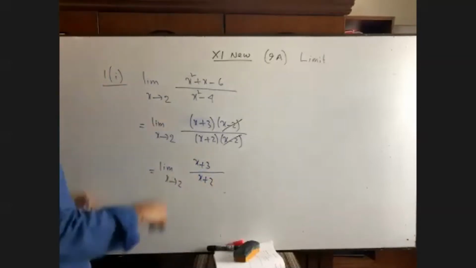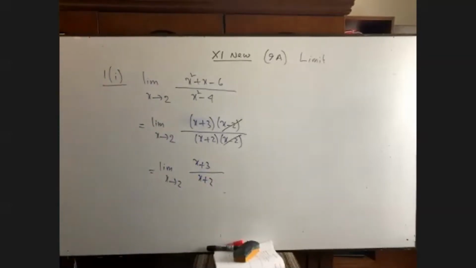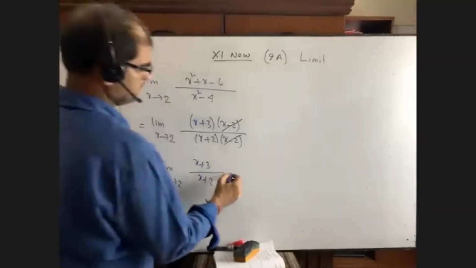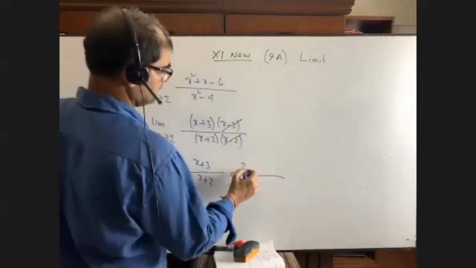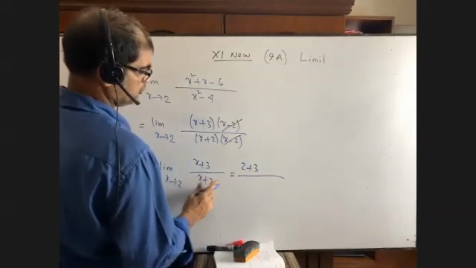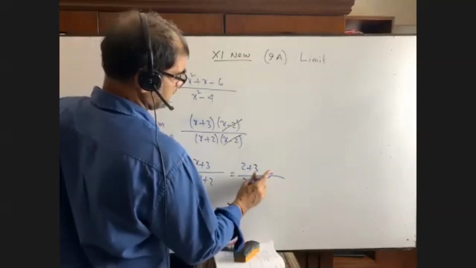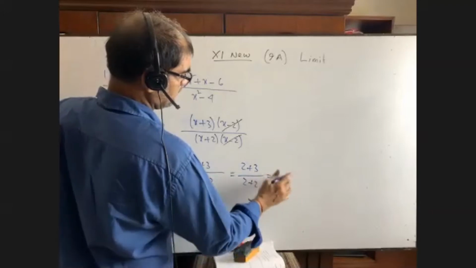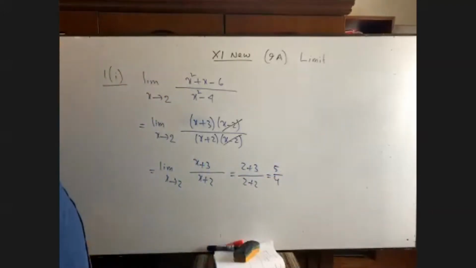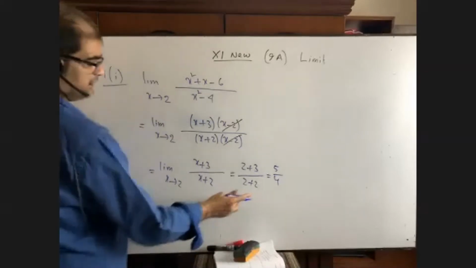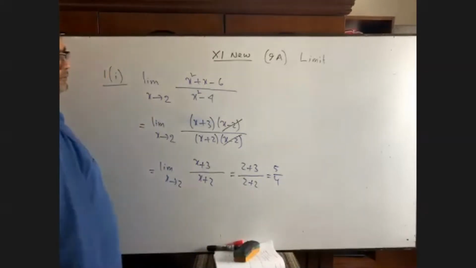Now can you put the value of 2 here? If x equals 2, then 2 plus 3 and 2 plus 2, that is 5 by 4. So we have got the value. Here we just put x equals 2.